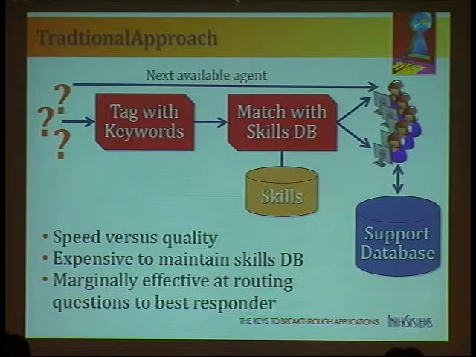It's also difficult, as any of you who've worked in customer service environments know, to keep the skills information content. What agents have what skills, what have their capabilities been, what have their response times been. And maintaining that information accurately is much more difficult than it would seem at first glance.